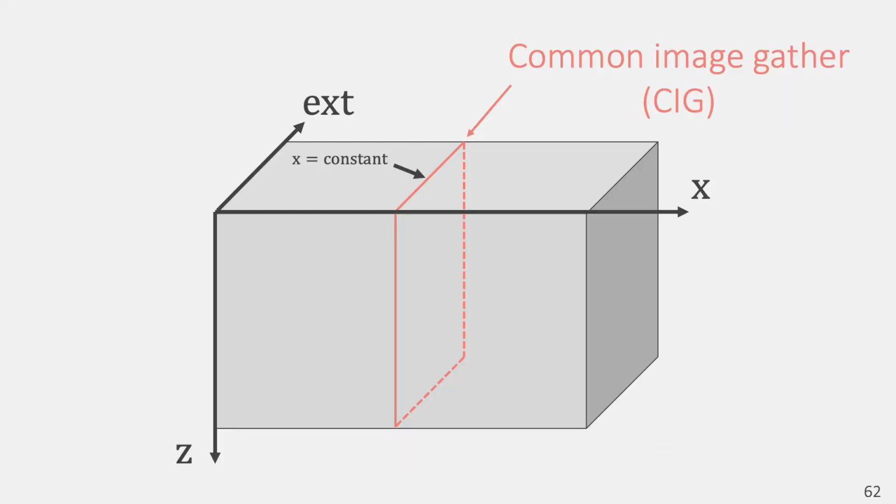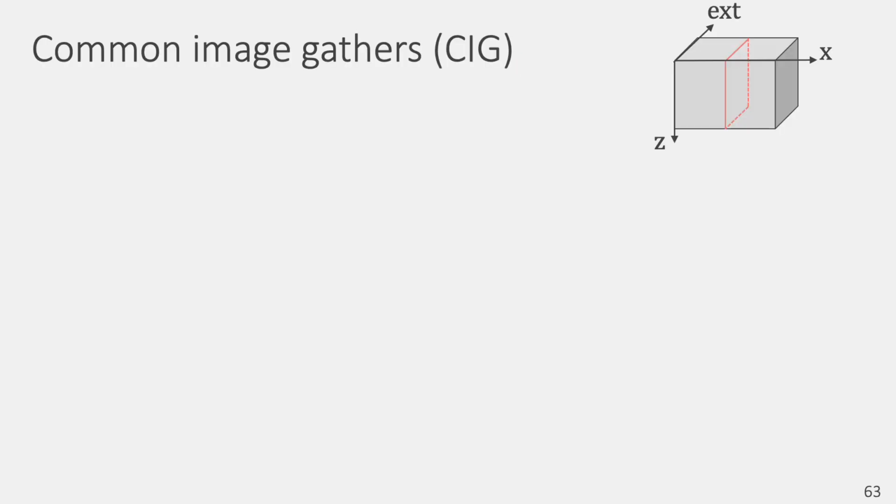The second very common way to examine p tilde opt is to extract a section called a common image gather, or CIG, which corresponds to the set of points of p tilde opt that share a common horizontal position value x. And let's take a look at a common image gather extracted at x equals 13 from p tilde opt for our Marmousi example.